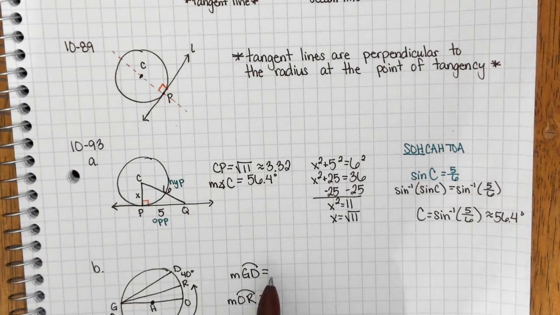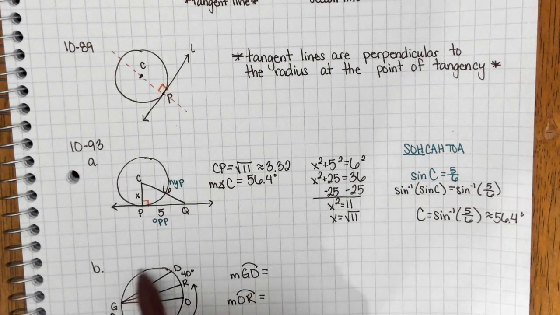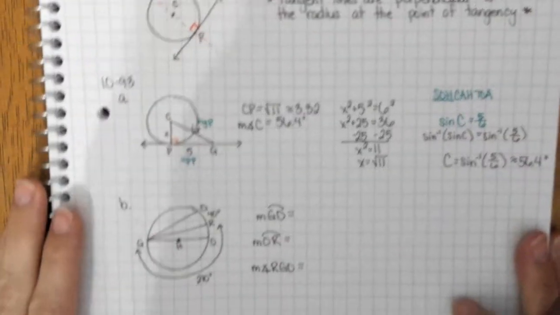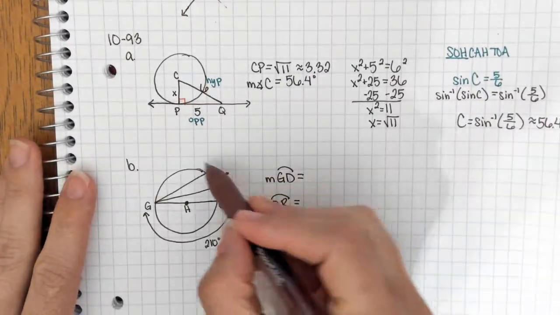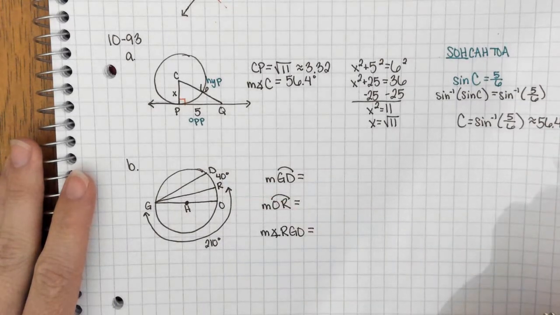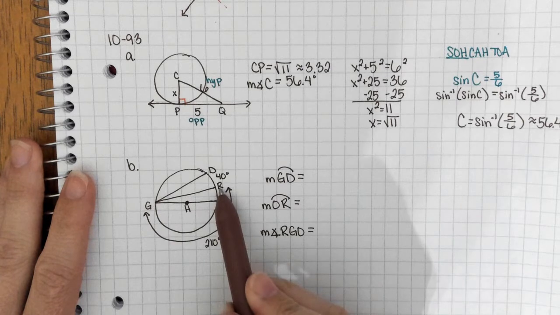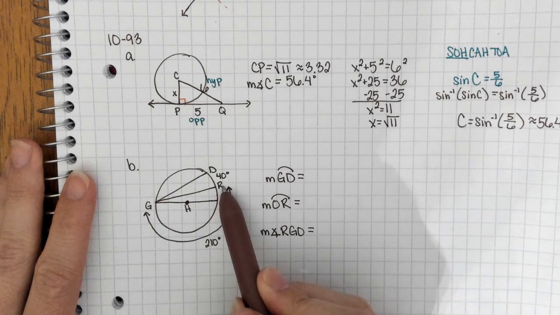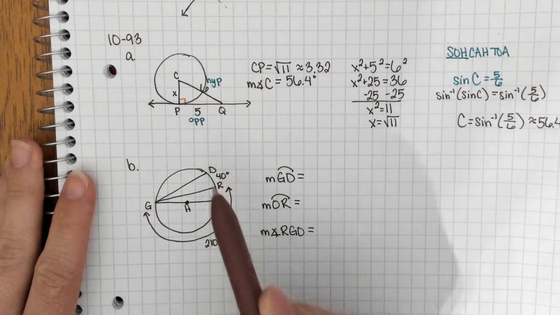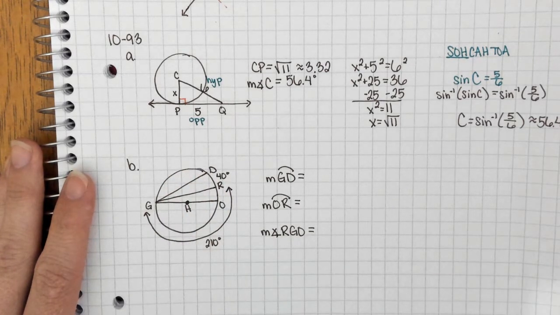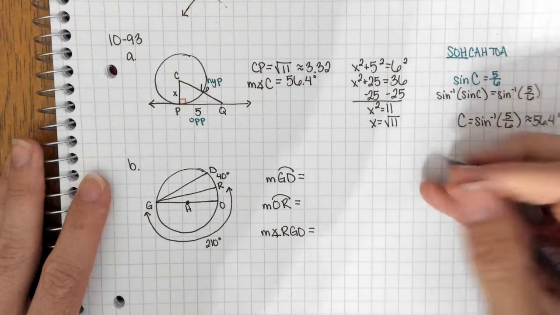So GD, that's this guy up here. As a reminder, all the way around the circle, we should know has a sum of 360 degrees. So from G to R, passing through O is 210. Then we go another 40. Then whatever is missing is going to be GD.